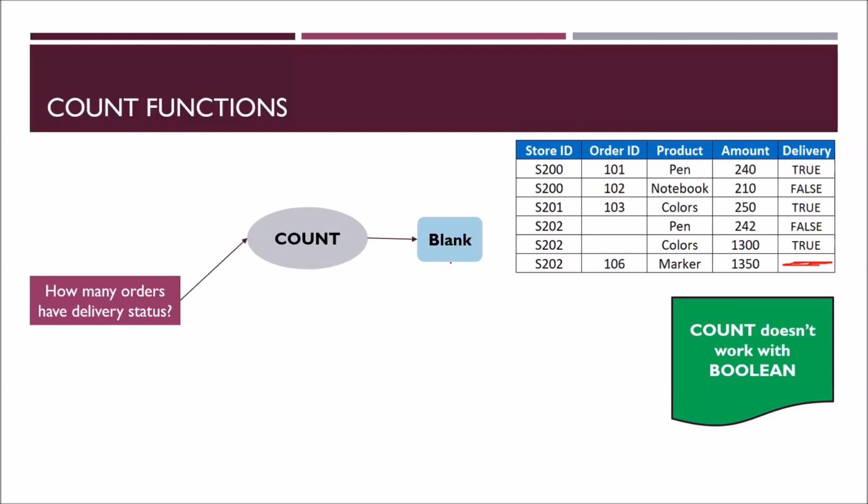So what I'm trying to say is the count function does not work when the column is of data type Boolean. So in such a scenario, you can use the count A function, which will give you the desired output of 5. The only difference between count and count A is that count A can be used with Boolean, whereas the count function cannot be used with a Boolean data type. Otherwise, both are similar to each other.